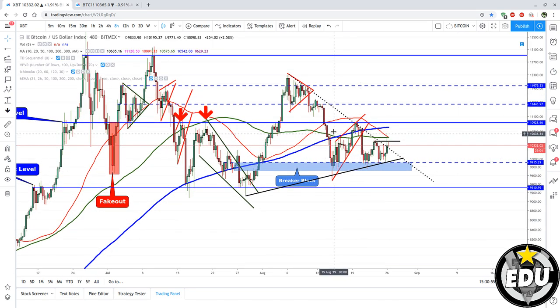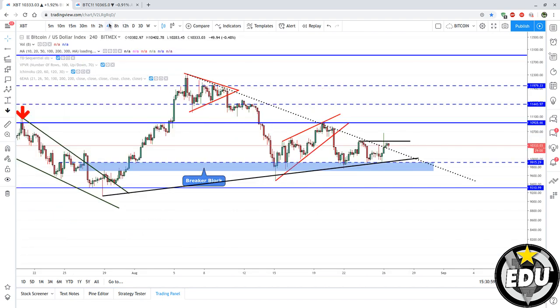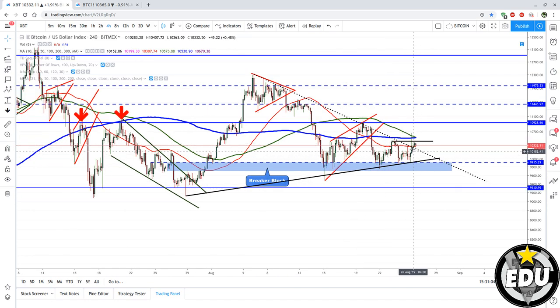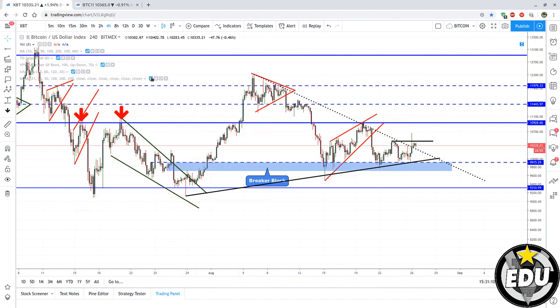Price below the moving average is never a good thing. And the 4 hours still below, massive amount of crosses. Let's check the EMAs.